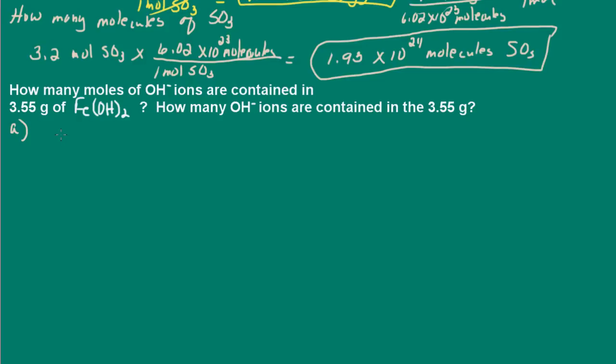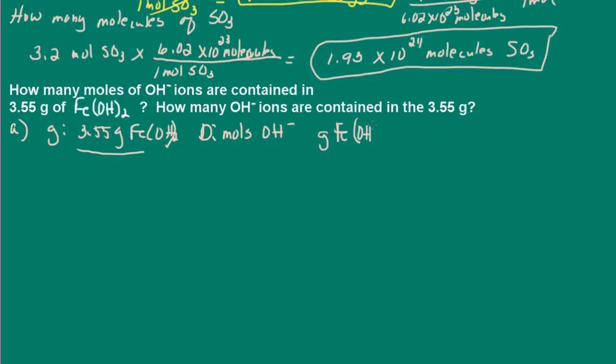The first thing we need to do is determine what we're given. The given is the 3.55 grams of iron 2 hydroxide, and our desired is moles of hydroxide ion. So I can see right now we need to convert grams of iron 2 hydroxide to moles of iron 2 hydroxide.